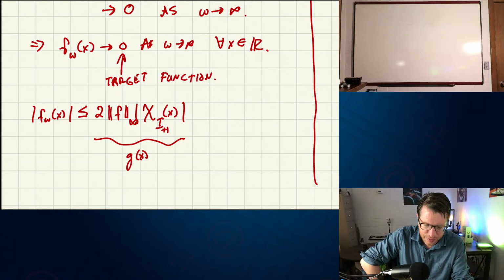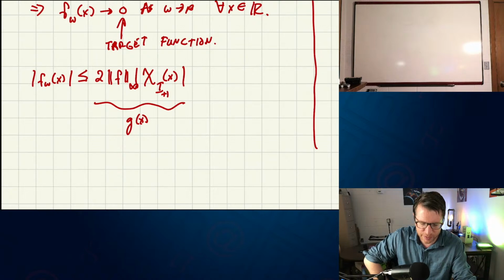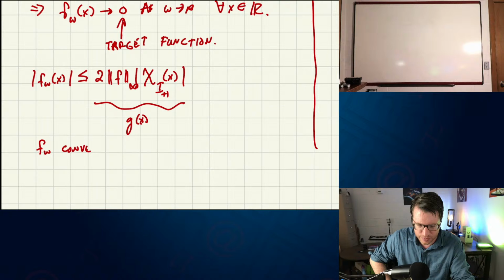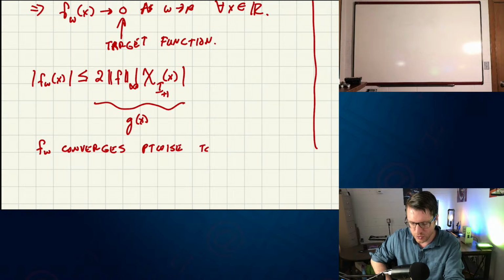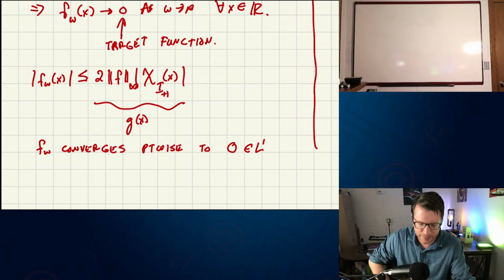Okay, so then we have that f_ω converges pointwise to 0, which we know is measurable, and in fact is in L1.